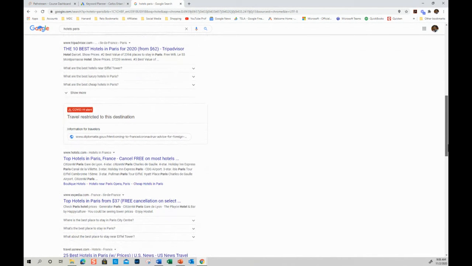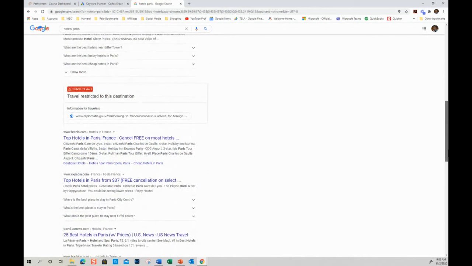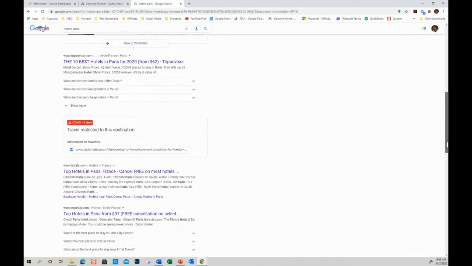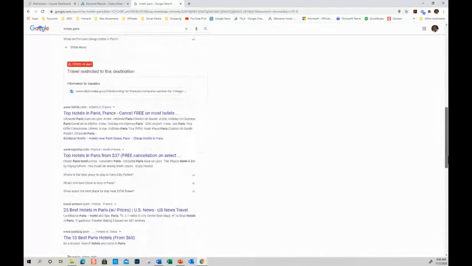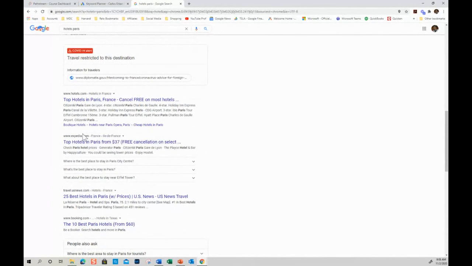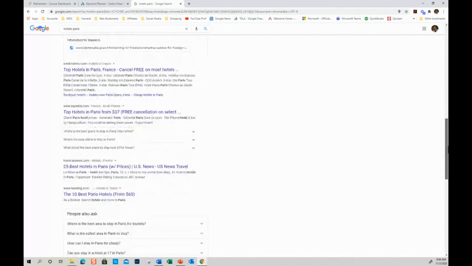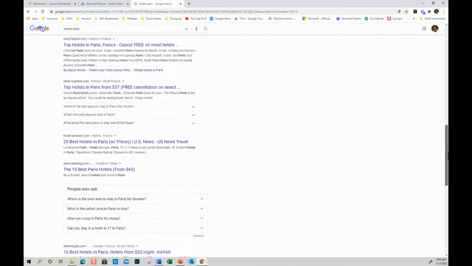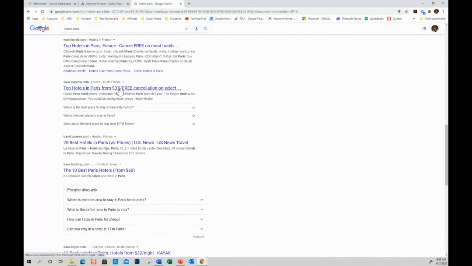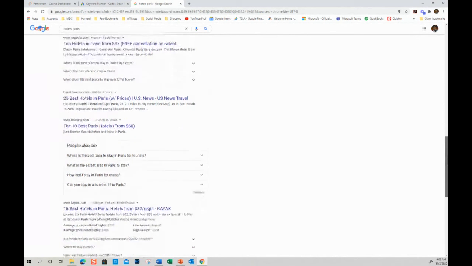Because typically when somebody puts hotels in Paris, Google automatically tries to see what most people are looking for when they're looking for hotels in Paris, and usually what they're looking for is which ones are the best, or maybe they want to shop around, like Expedia, and find out which is the least expensive. So you see this one shows a price, free cancellation.